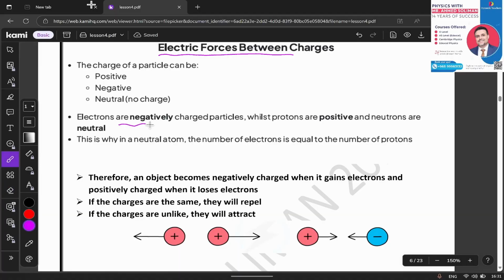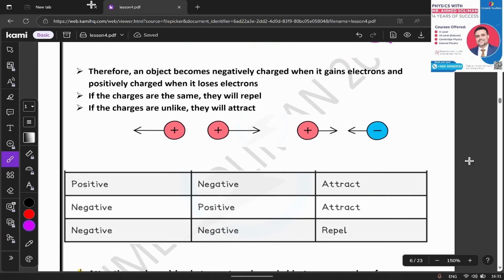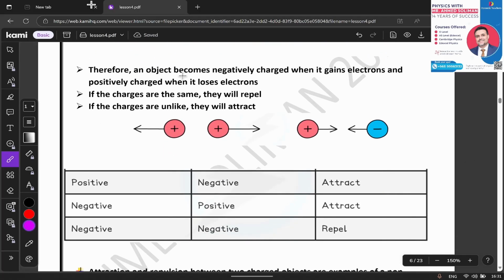Electrons are negatively charged particles, whilst protons are positively charged, and neutrons are neutral. This is why in a neutral atom, the number of electrons equals the number of protons. Now, an object becomes negative if it what? Gains electrons. And positive if it loses electrons.